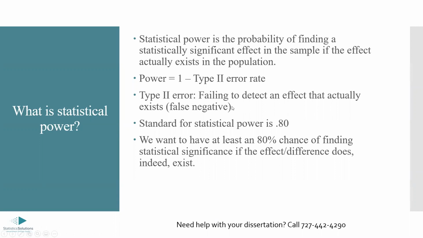So it's a false negative result. The standard for statistical power in the social sciences is typically 0.8, which is really a percentage. If you move that decimal over right twice, that refers to 80%. So what this means is that we want to have at least an 80% chance of finding statistical significance if that effect or difference does in fact exist.